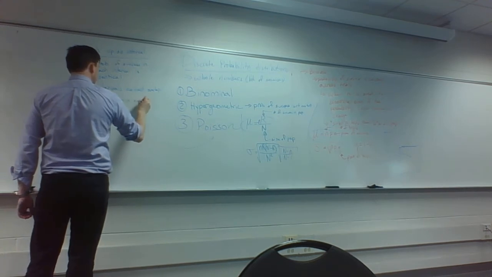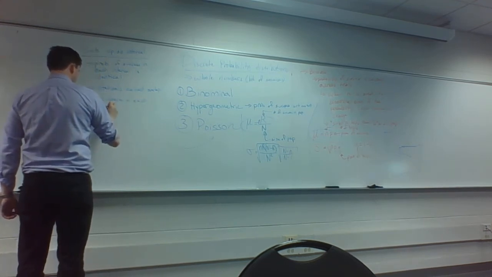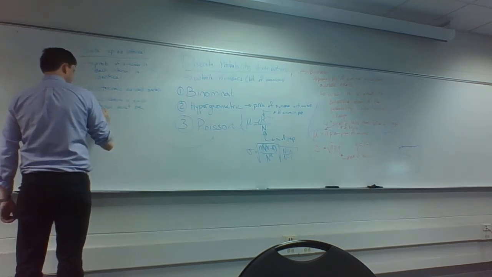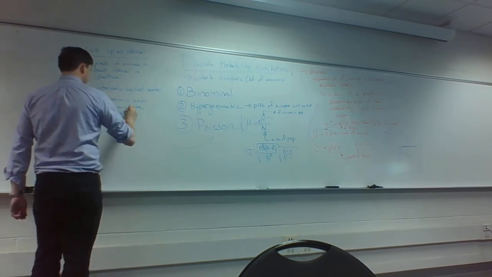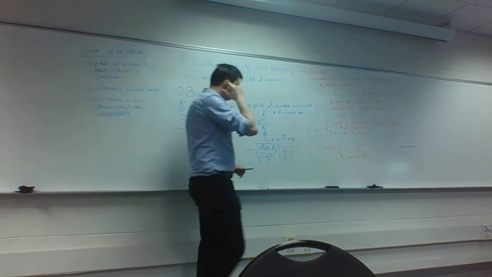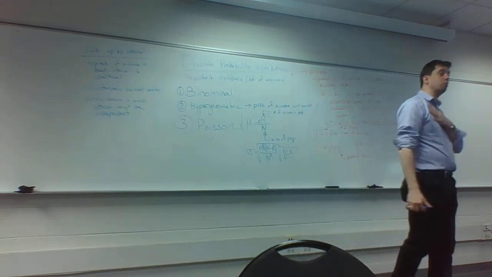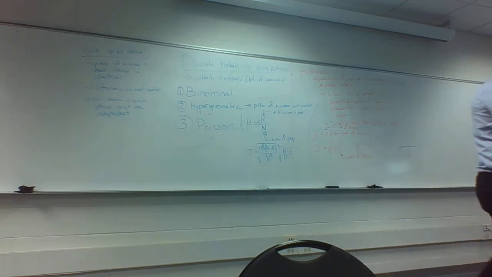Occurrences in each interval must be independent. In other words, just because someone came to my restaurant in week 1 doesn't make it more or less likely someone will come to my restaurant in week 2.